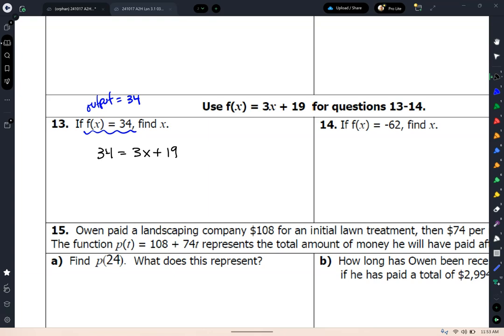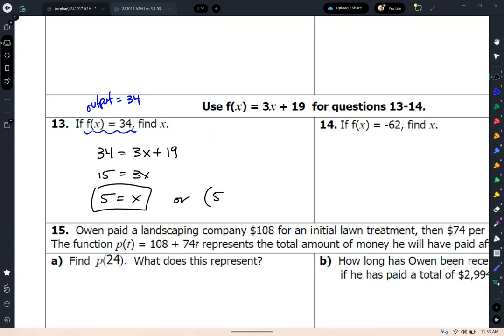They're still connected by the same rule, so we should be able to go one direction or the other, just like we're turning around in geometry and walking on the same sidewalk, both directions. Right? Subtract 19 from both sides. We're going to get 15 is equal to 3x. We're going to get 5 is equal to x.